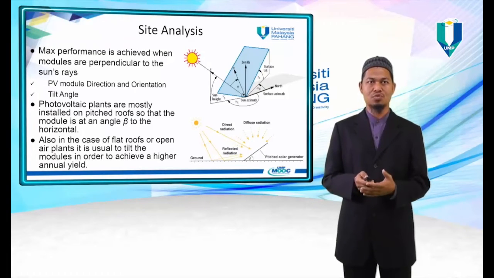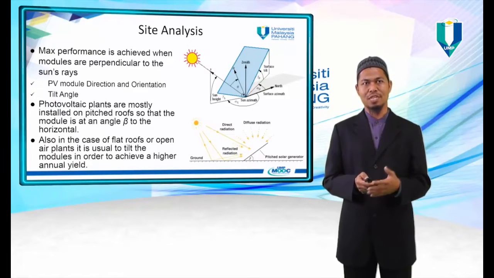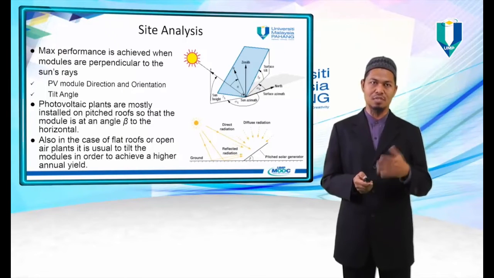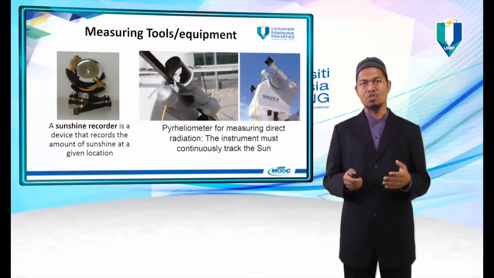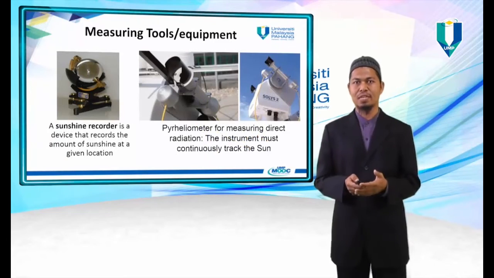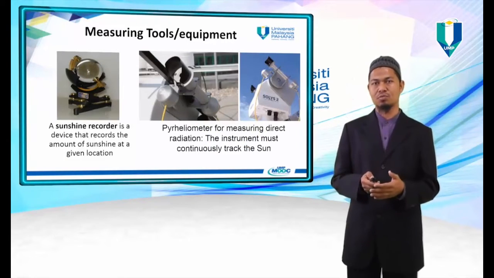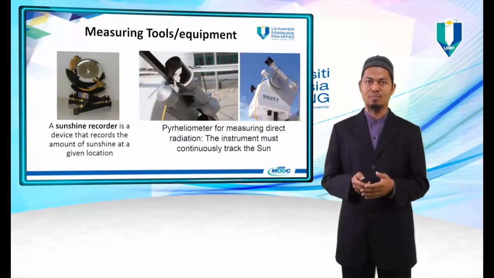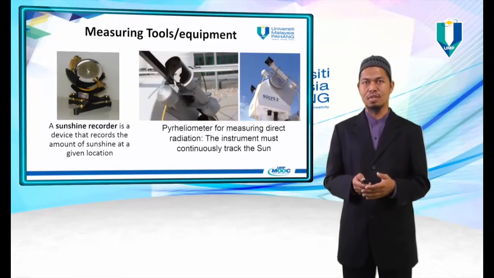One tool is the sunshine recorder, a device that records the amount of sunshine available at a certain location. Another is the pyrheliometer for measuring direct solar radiation. The instrument must continuously track the sun.